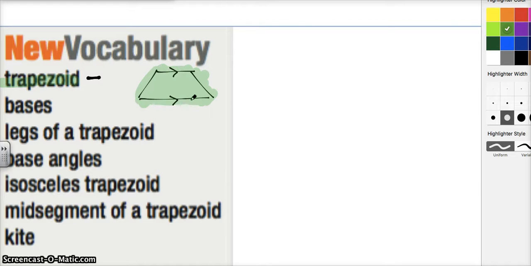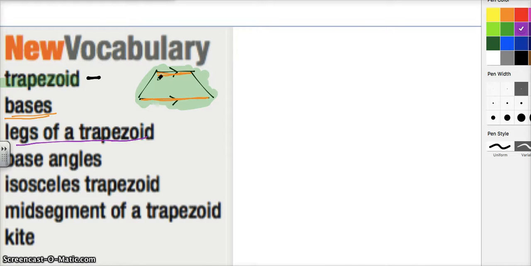When we talk about the bases of a trapezoid, we're talking about this section over here. The bases refer to these two sides that are parallel. And the legs of the trapezoid are these guys that I'm going to mark here in purple, this side and this side.